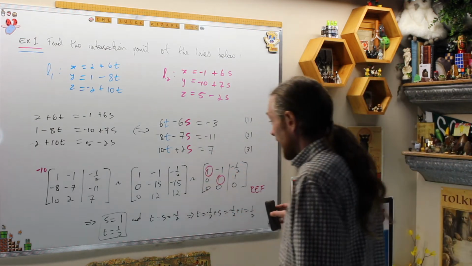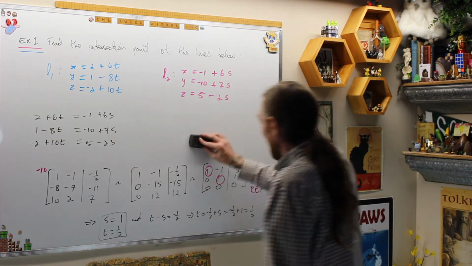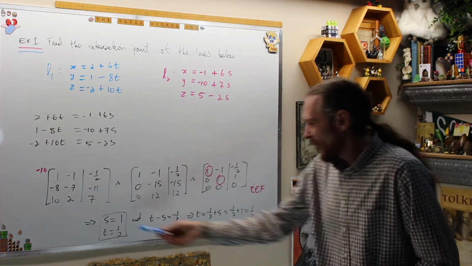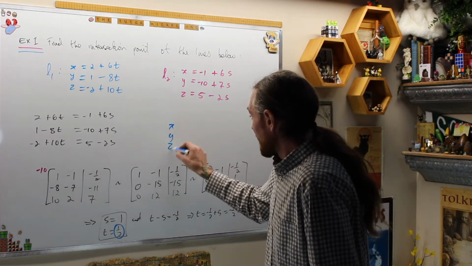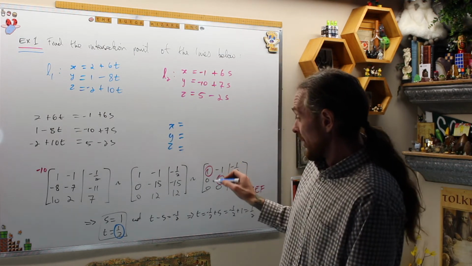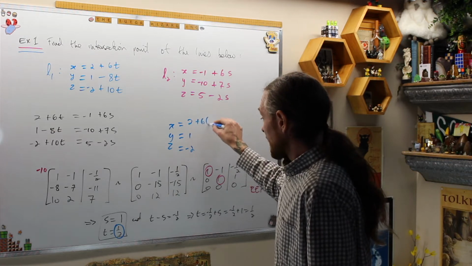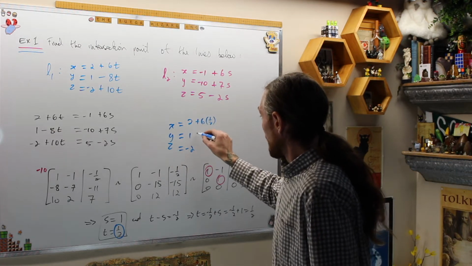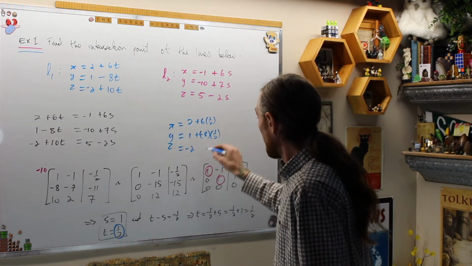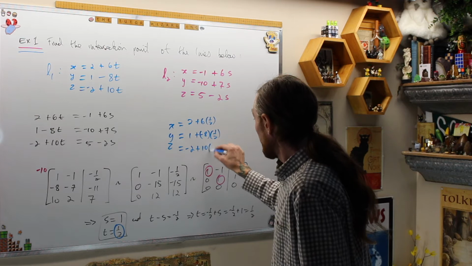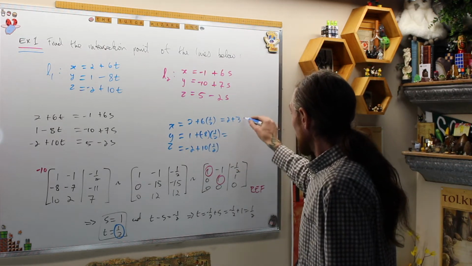If I use that in, well, let's erase right here, let's say. And now if I want to use the T, what that says is X, Y, Z will equal 2, 1, negative 2 plus 6 times 1/2 plus negative 8 times 1/2 and plus 10 times 1/2, which is equal to 2 plus 3, which is 5.